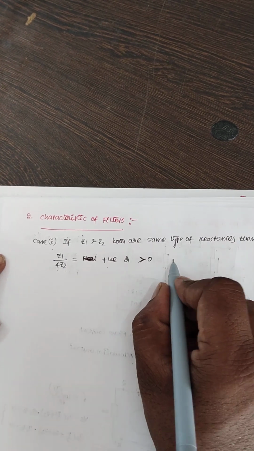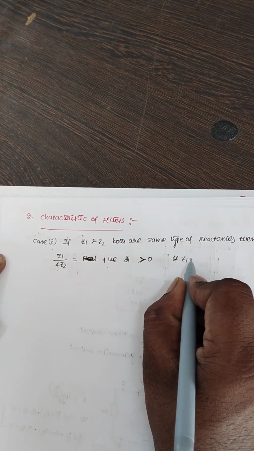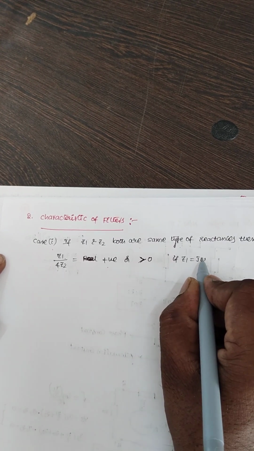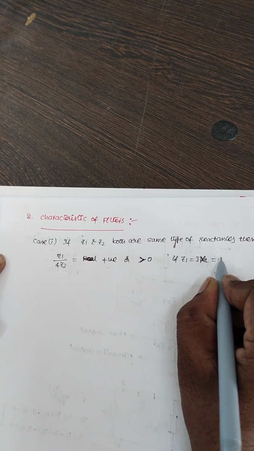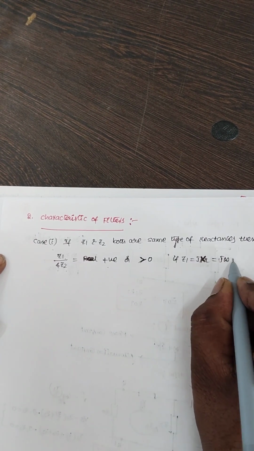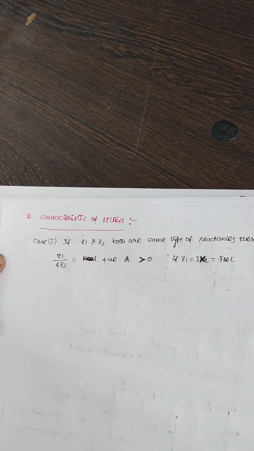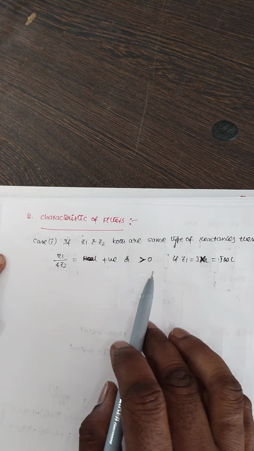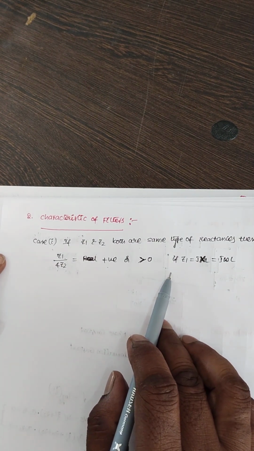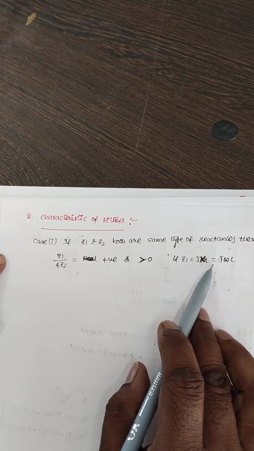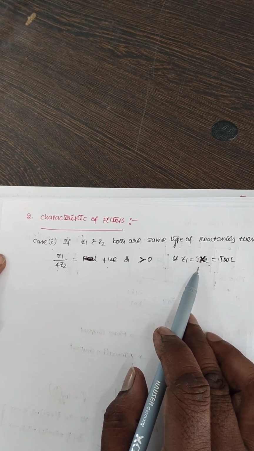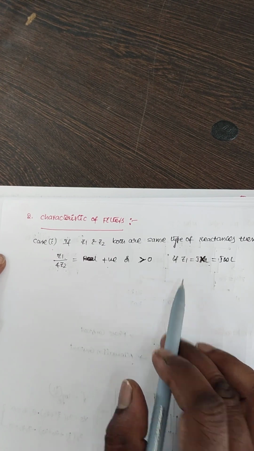For example, if Z1 is J omega L or JXL, I can write it as J omega L. I already told you, these filters are made up of purely reactive elements. Here if Z1 is JXL, it may be JXL or it may be minus JXC also.